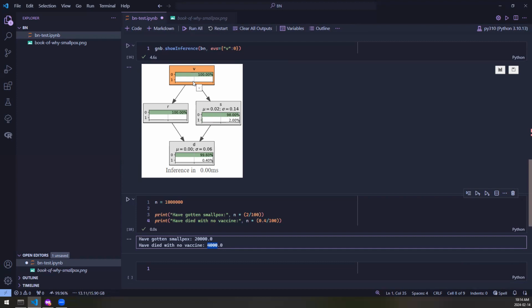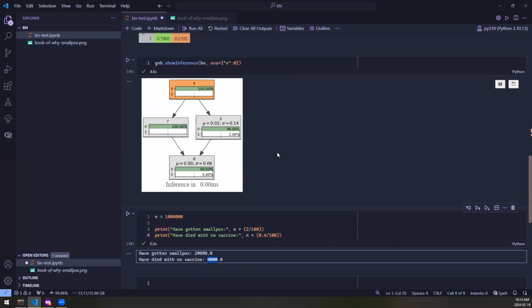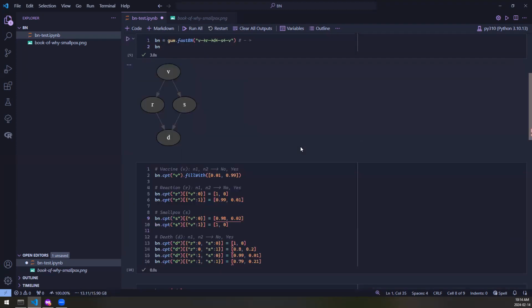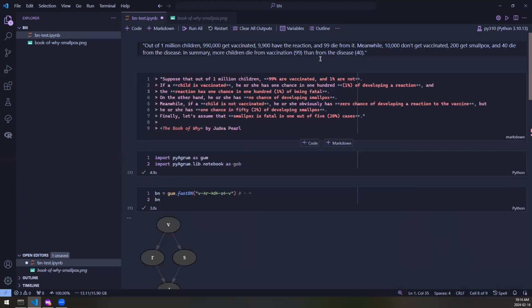Okay. Now, considering the explanation we have in the book, I'm just taking the data from here. Those died from vaccination. This is in the book. This is not part of our Bayesian network yet.